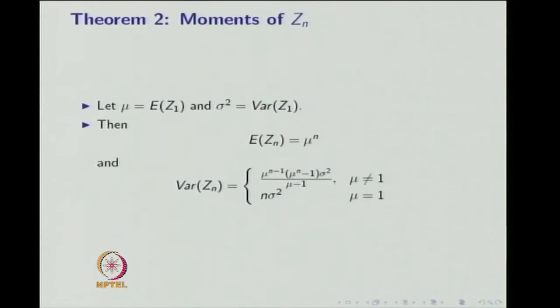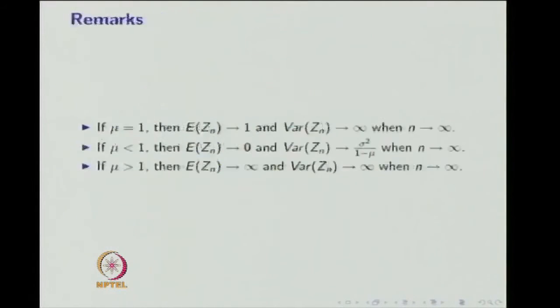You can see it from this theorem. As mu tends to 1, the expectation of Zn tends to 1, whereas the variance tends to infinity, because that is the same as n times sigma square.